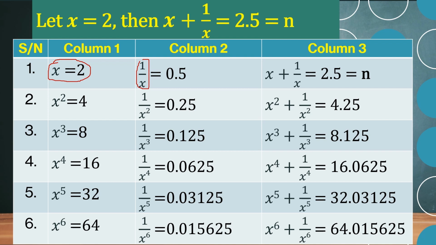So what do we have for x plus 1 over x? That is 2 plus 0.5, which is 2.5. And we are calling it n. So our expression x plus 1 over x, which is our foundational expression, we will be calling it n. But we know what our n is from what we have calculated. We have n to be equal to 2.5.